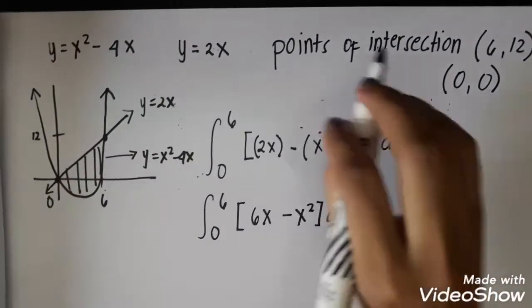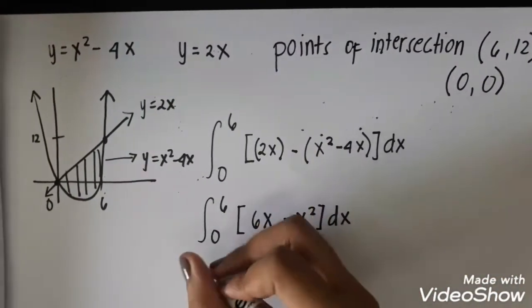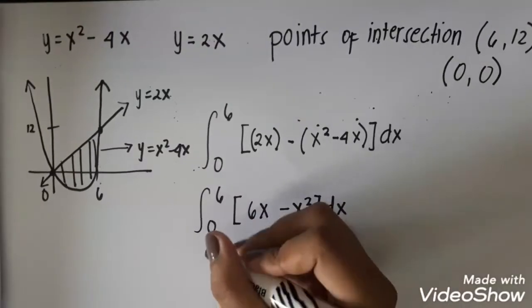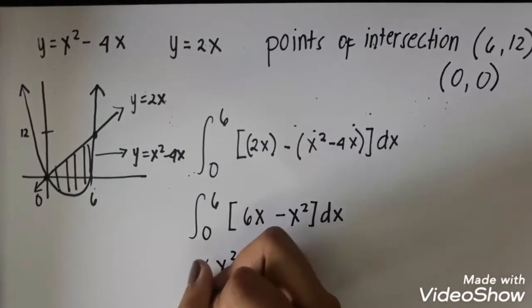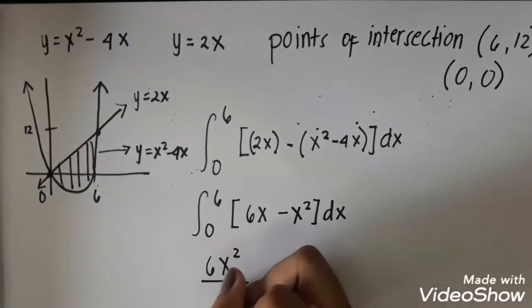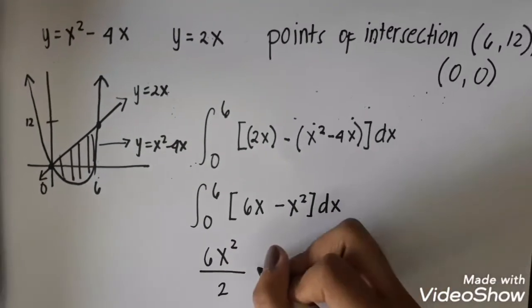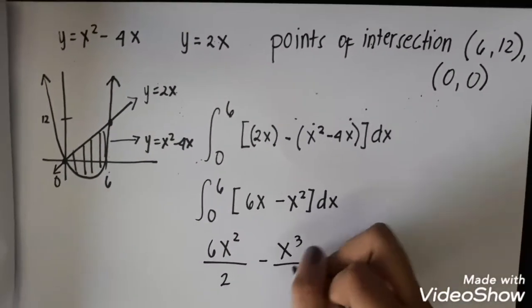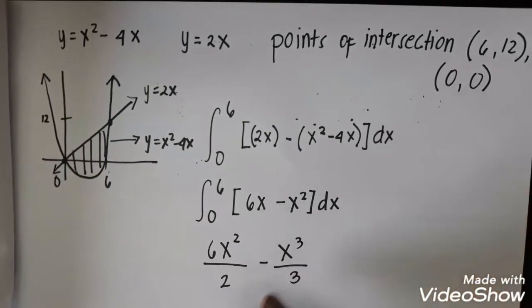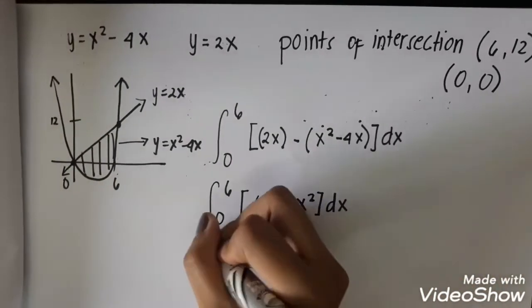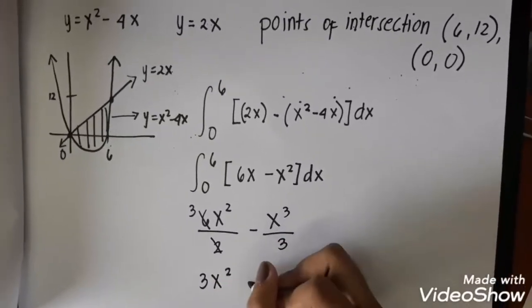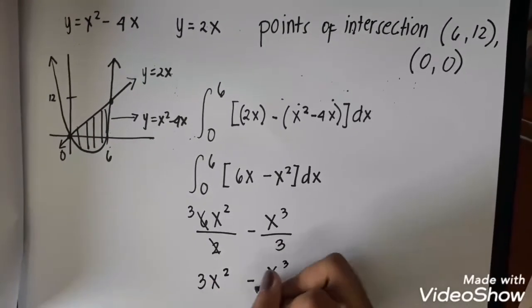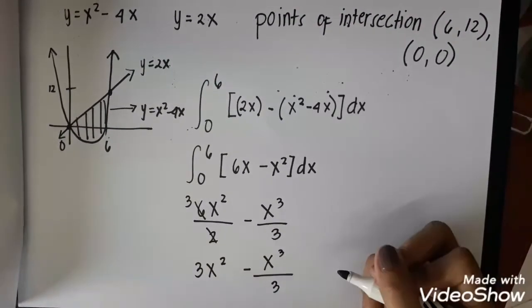We integrate this, we get 6x squared over 2 minus x cubed over 3. So we can simplify this into 3x squared minus x cubed over 3.